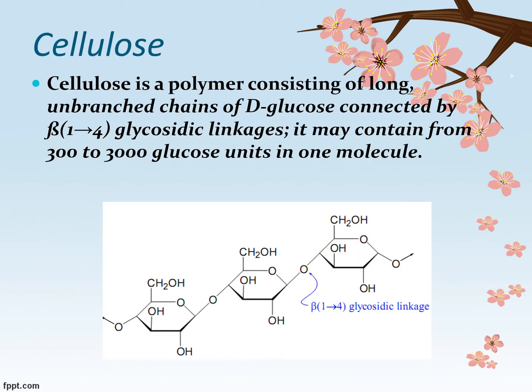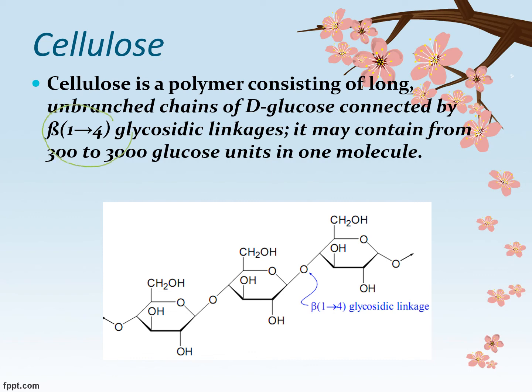So the third type of polysaccharide is cellulose. Cellulose is a polymer that consists of a long unbranched chain of D-glucose connected by beta-1,4 glycosidic linkage. So the difference between cellulose and amylose is the linkage.